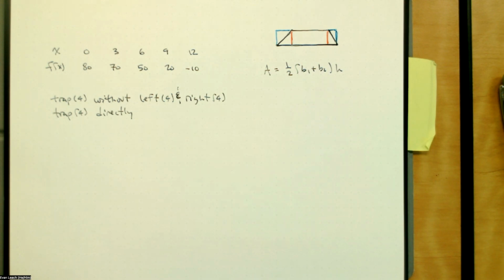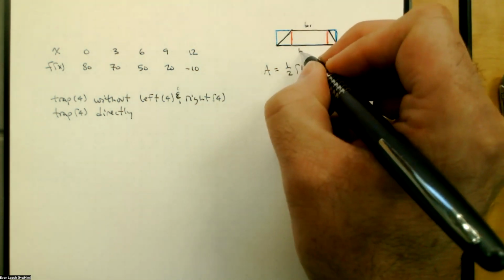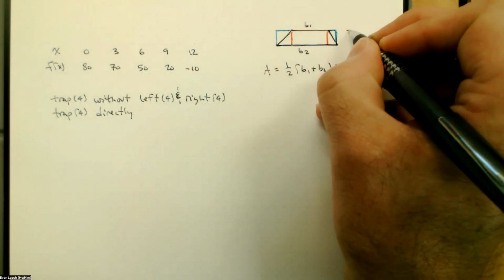The trapezoid is the average of that red rectangle and the blue rectangle. Up here would be the B1, down here would be the B2, and this would be the height.